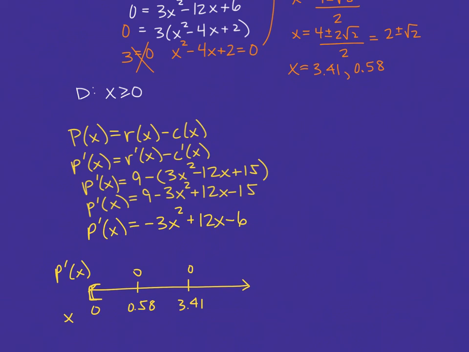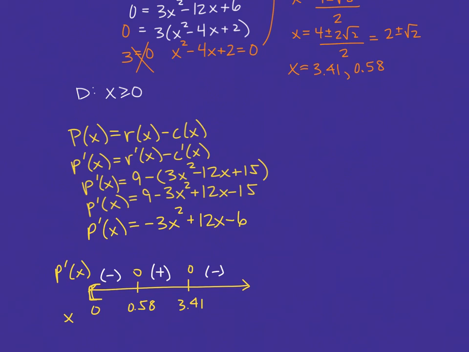Plugging in 0.1, we get a negative value for P prime using a calculator. We can plug in a value in between, like 1. We'd have negative 3 plus 12 minus 6, which is positive. Then plugging in a much larger value, like 10, we'll have negative 300 plus 12 times 10, 120, not quite enough to get out of the negatives, and then minus 6, so we're negative again.